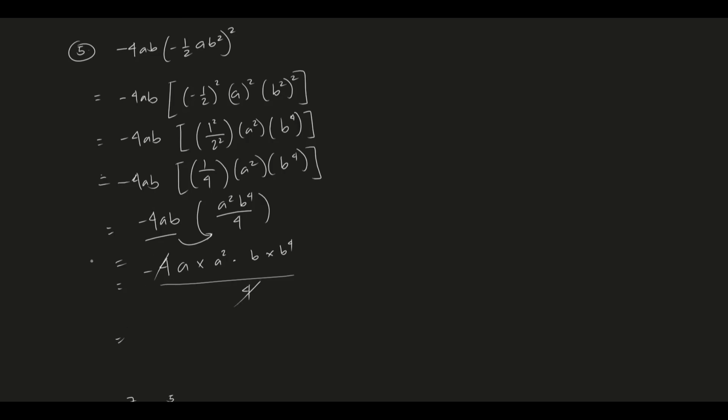What's left in the numerator is negative. Then a times a raised to the 2 is like a raised to 1 plus 2. So it becomes a raised to the 3. Then b times b raised to the 4 is like b raised to 1 plus 4. So it becomes b raised to the 5. So this is the final answer.